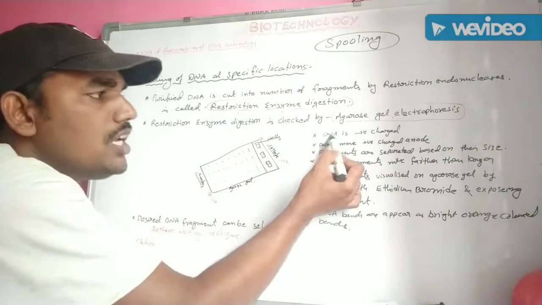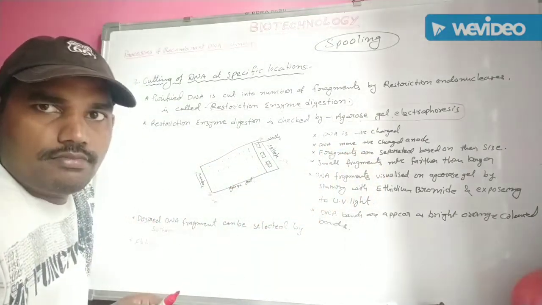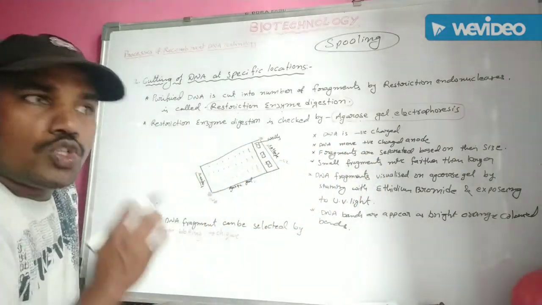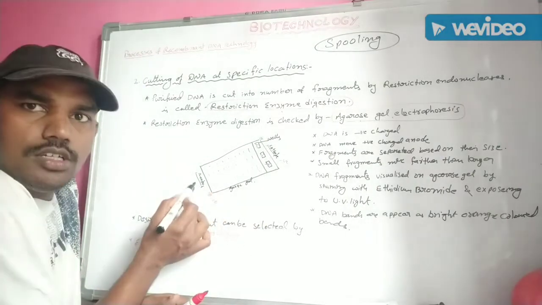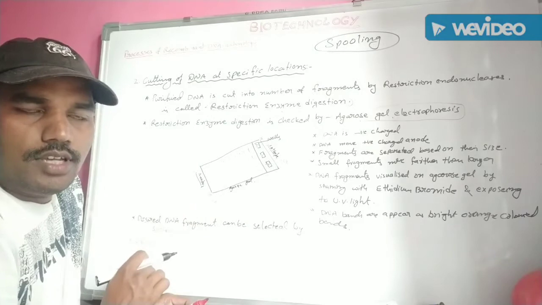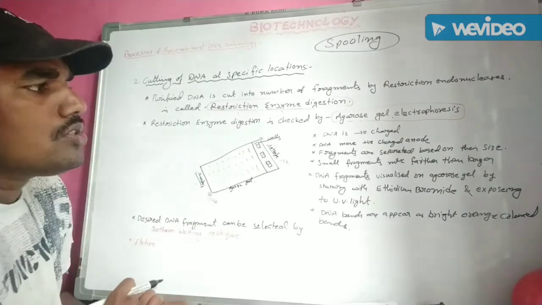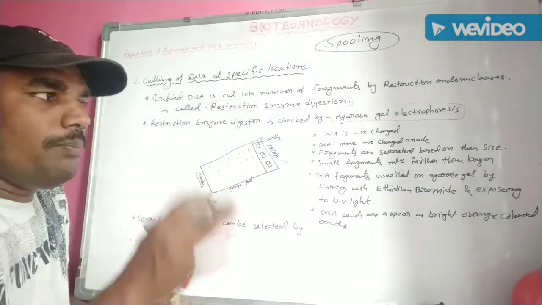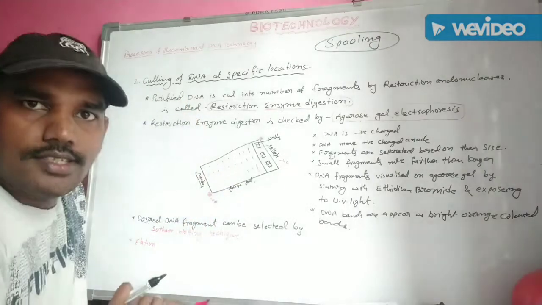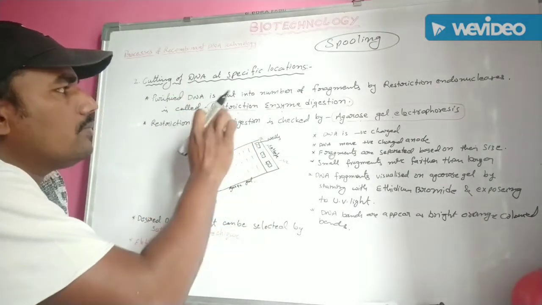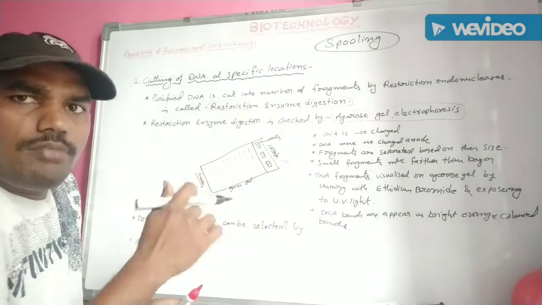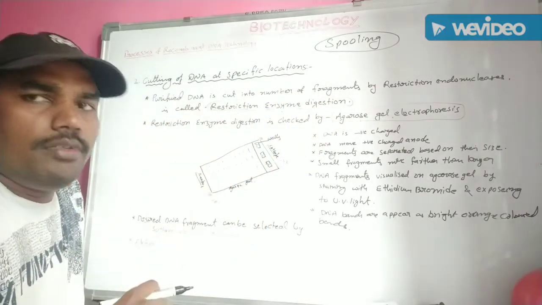First of all, DNA is negatively charged. The DNA is negatively charged, so the DNA moves into the positively charged anode region. Okay, so the fragments are mainly separated based on their size. Remember one thing: after a restriction enzyme digestion, a number of fragments are formed.